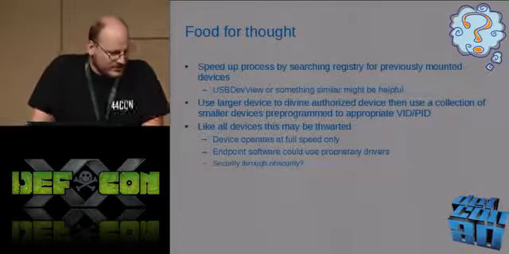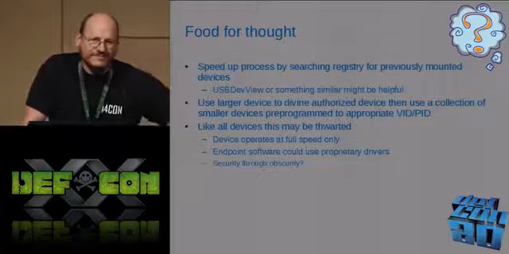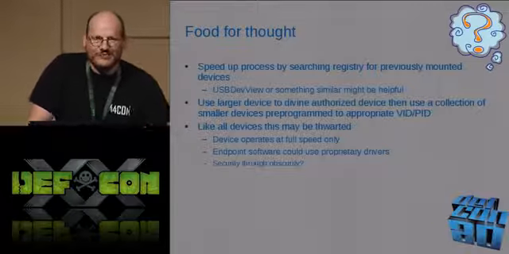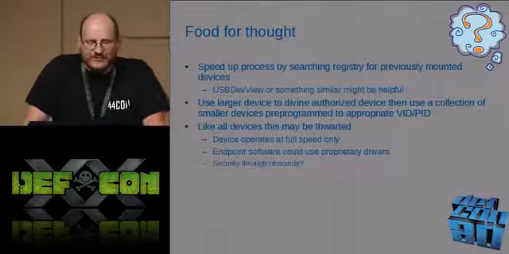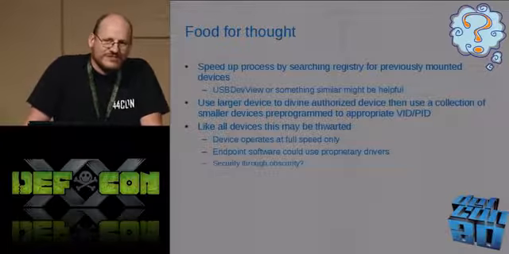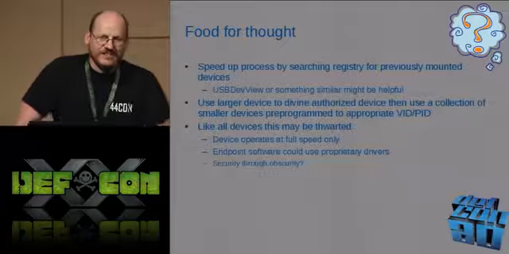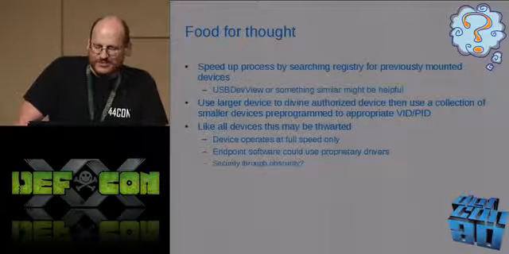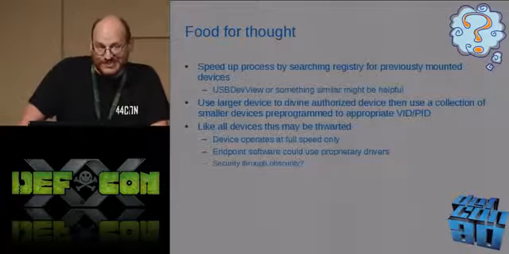We could use the larger device here to divine the VID/PID and then possibly pre-program a bunch of smaller devices if we're going to, like, en masse go and attempt to do something, maybe in an organization where we knew what was authorized.